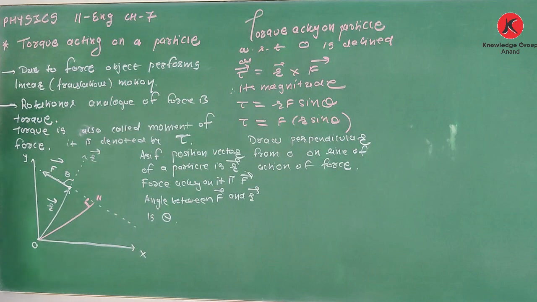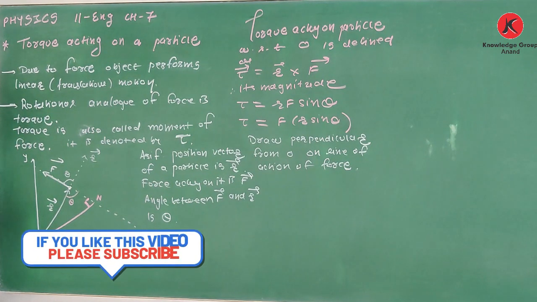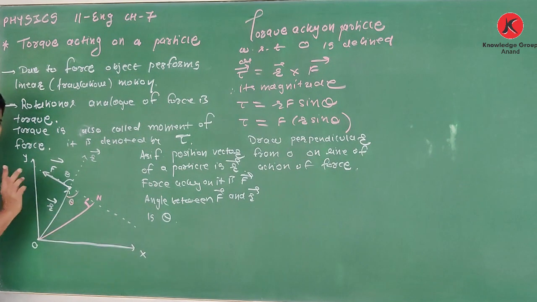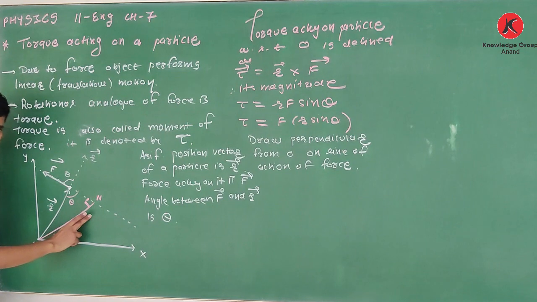Now see in this figure. If this angle is theta, obviously this angle is also theta. This ON is the opposite side of angle theta. It is a right angle, so r is the hypotenuse.